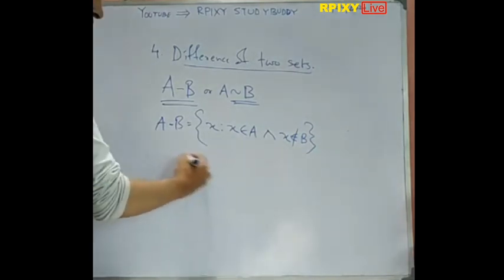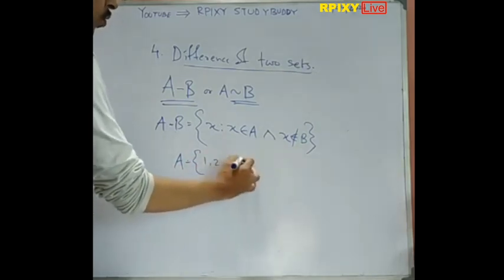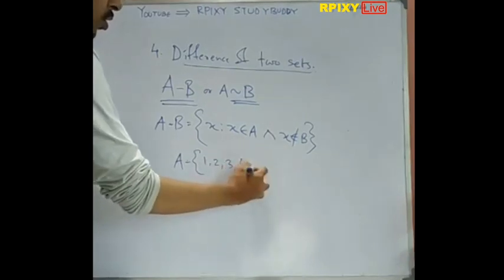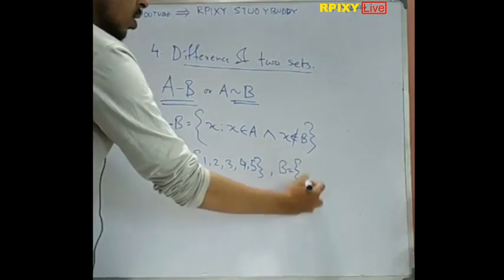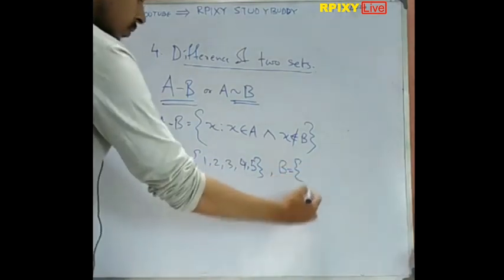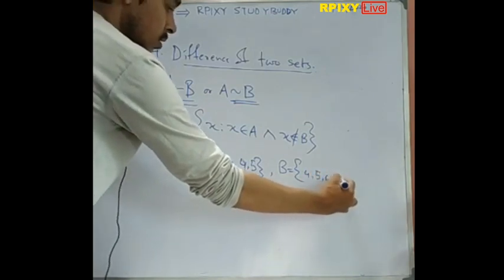Okay, so I'm taking an example first. Suppose A is a set whose elements are 1, 2, 3, 4 and 5. Another set B whose elements are, suppose, 4, 5, 6, 7.